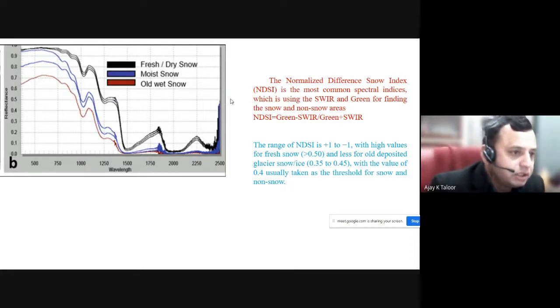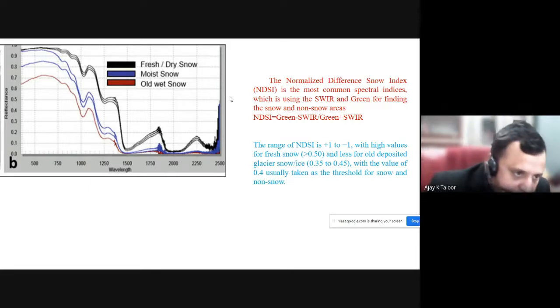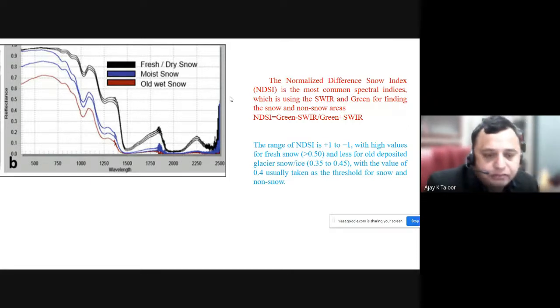So this is another reflectance curve which we have derived in the same way as the normalized difference moisture index or normalized difference water index. This normalized difference snow index, NDSI, is the most common spectral index, used with the SWIR and green bands for finding the snow covered area and non-snow covered area. So, which area has snow cover and which area doesn't have any snow.